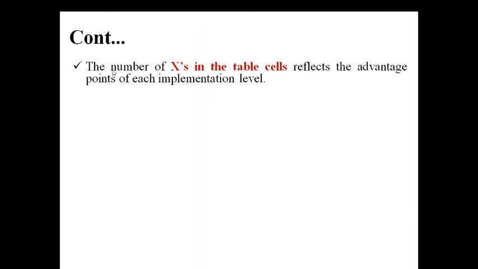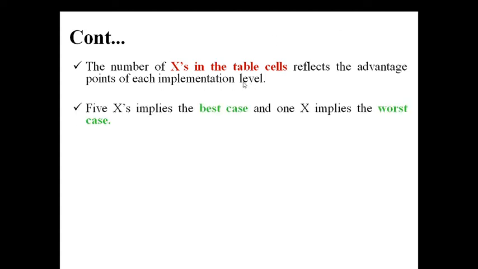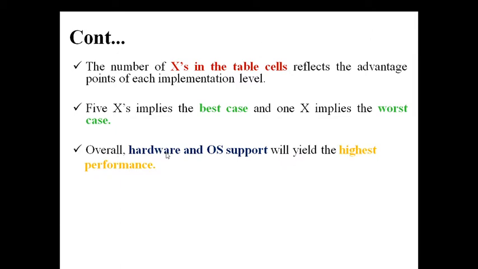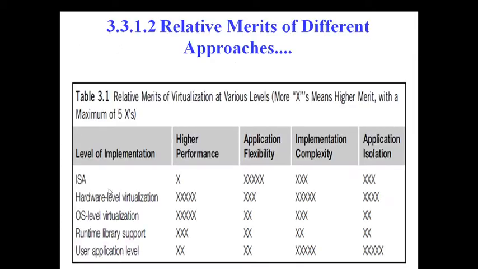See, the number of x in the table cells reflects the advantage points of each implementation level. 5x implies the best case and 1x implies the worst case, right? So overall, hardware and OS support will yield the highest performance. If you observe the previous diagram, hardware level virtualization and OS level virtualization give the best performance, right?